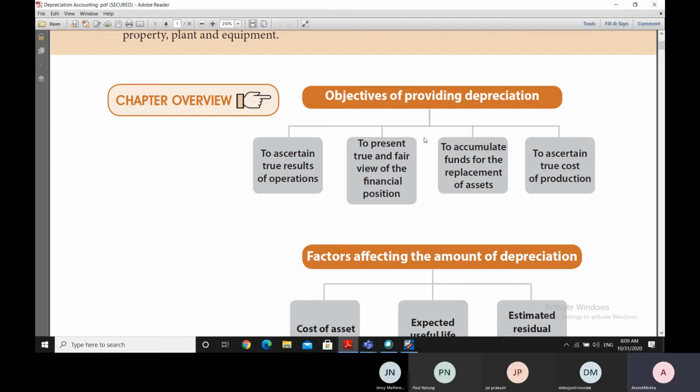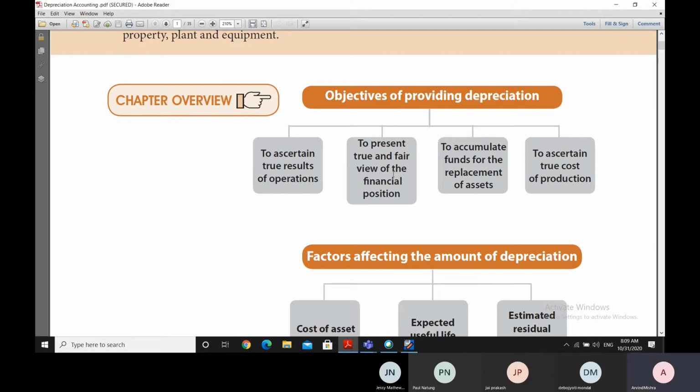First is that we have to ascertain the true result of our business operations. And if our assets are depreciating in value, we must allow for such reduction in value in our accounts. Otherwise, we won't get the true results of the operations, as well as the true and fair view of the financial position.